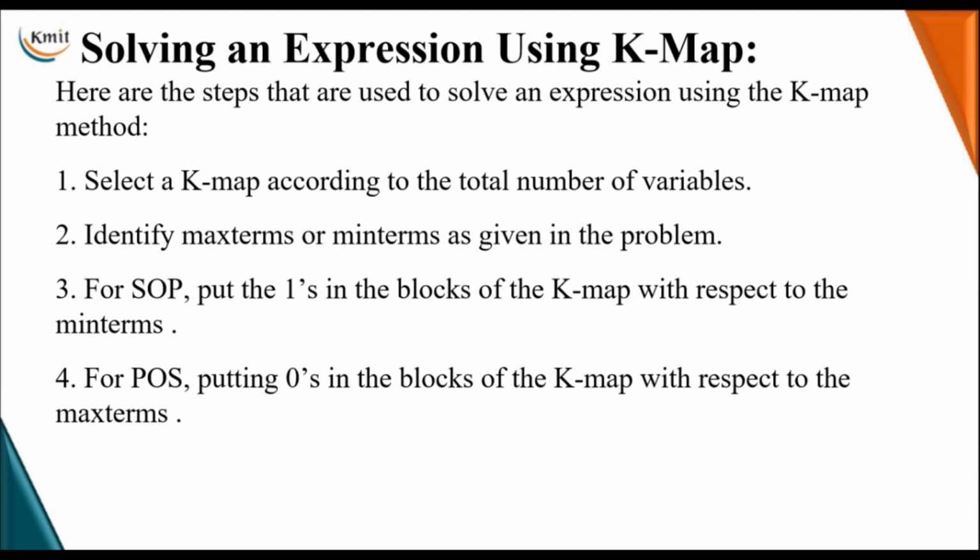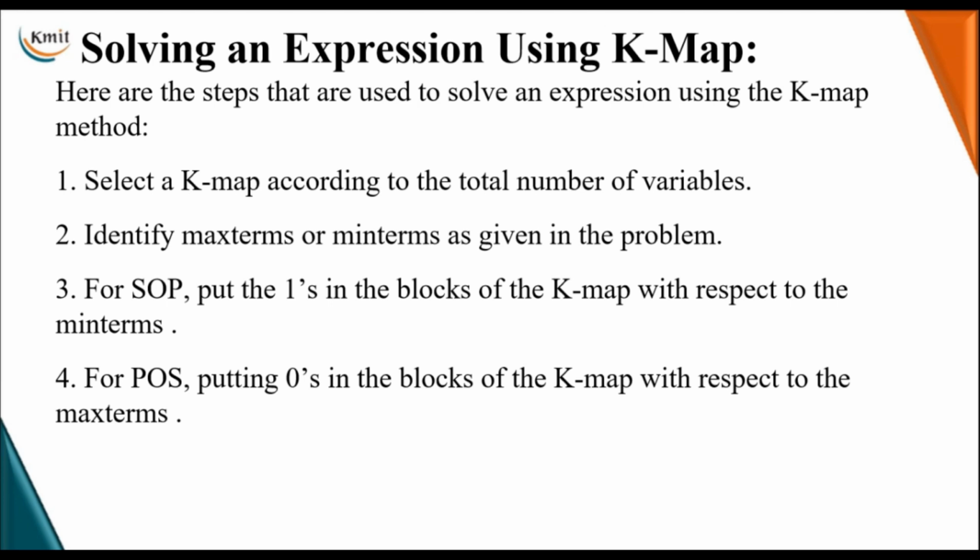Here are the simple steps we follow for minimizing or solving an expression using the K-map method. The first step is to select a K-map according to the total number of variables. If your function has 2 variables, you need the 2 variable K-map, and higher order K-maps with 3, 4 or 5 variables are not suitable.